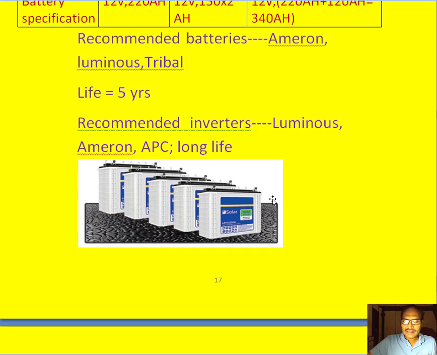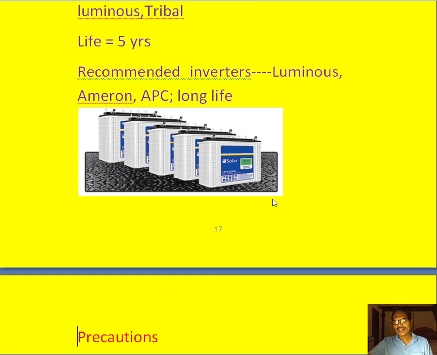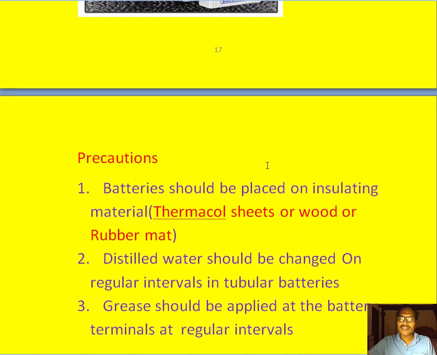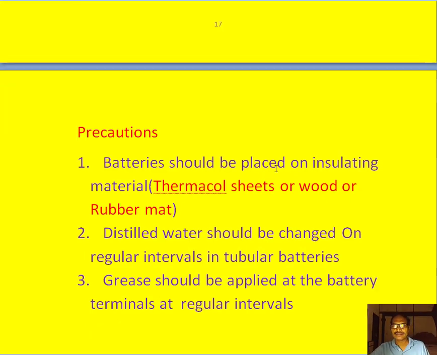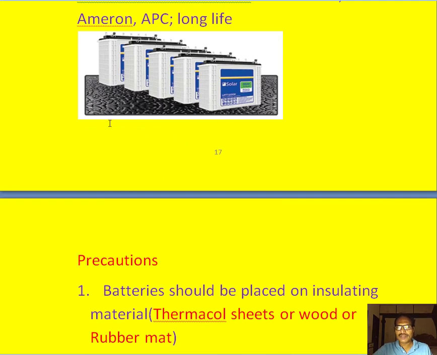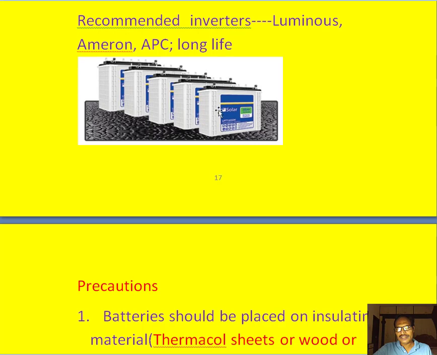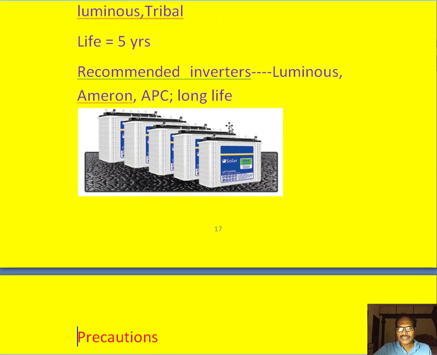Coming to the precautions to be taken to maintain the batteries for their long life, there are three precautions we have to take. First, the battery should be kept on a rubber mat or a thermocol sheet or any non-conducting floor. Similarly, we have to see that the batteries maintain the distilled water at the desired level.